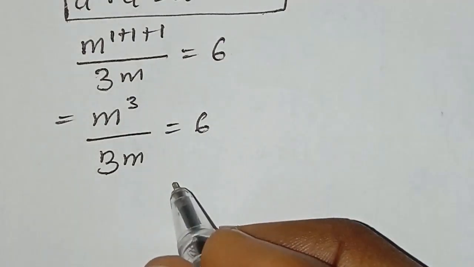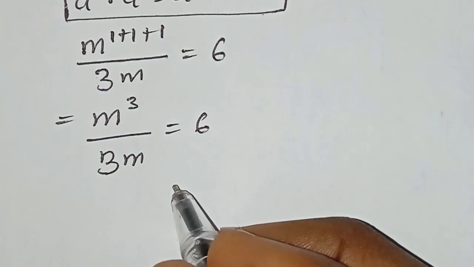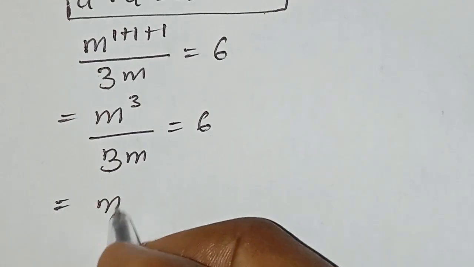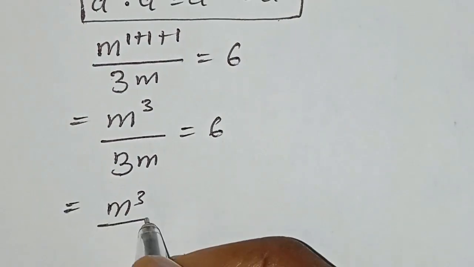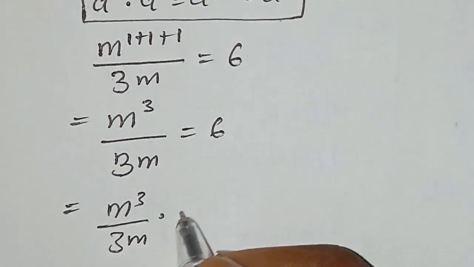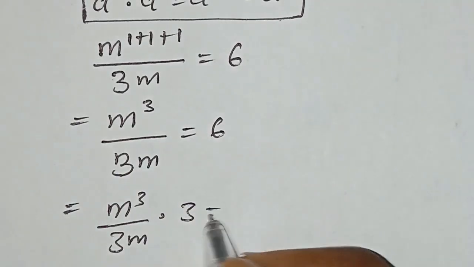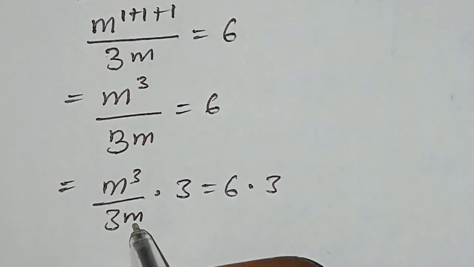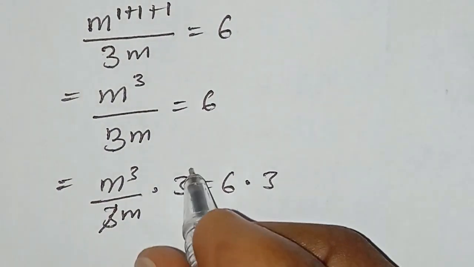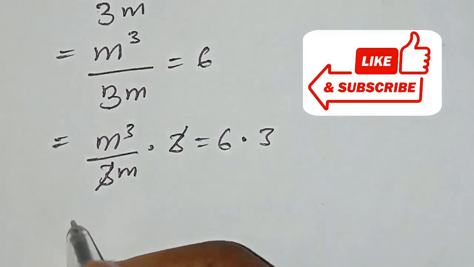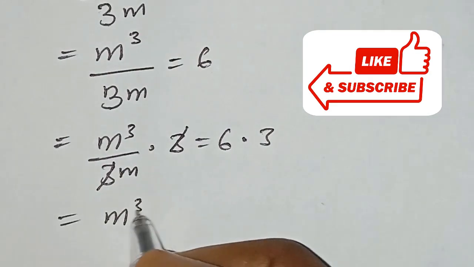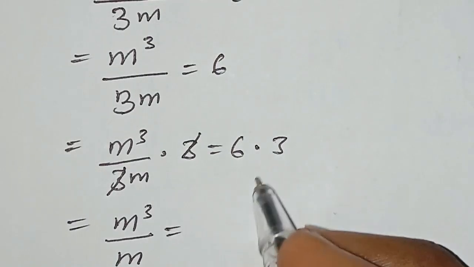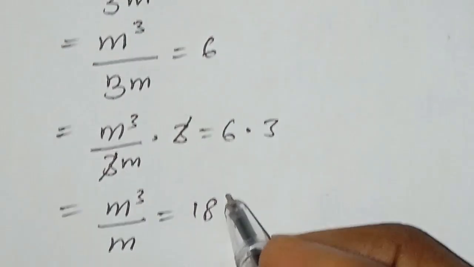From here, let's multiply both sides by 3. Then we have m to the power of 3 over 3m multiplied by 3 equal to 6 multiplied by 3. Then this 3 cancels out with this, and we have m to the power of 3 over m equal to 6 times 3, which gives us 18.